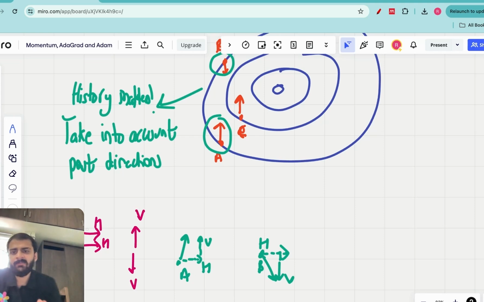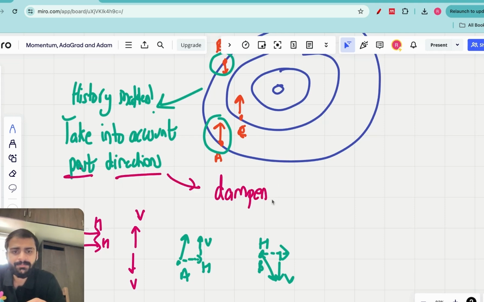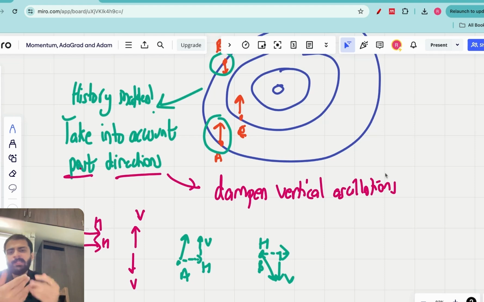What this means is that if we take into account the past directions, we dampen the vertical oscillations. And what this will mean is that if vertical oscillations are dampened, maybe the direction at point C is more dominated by the horizontal.